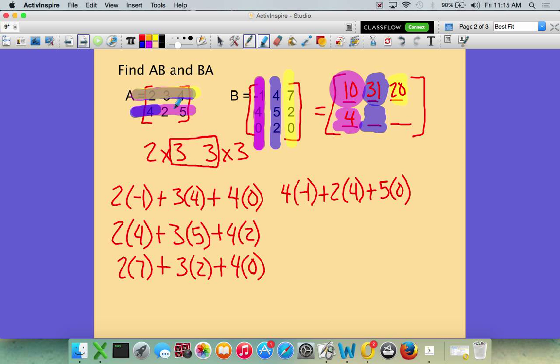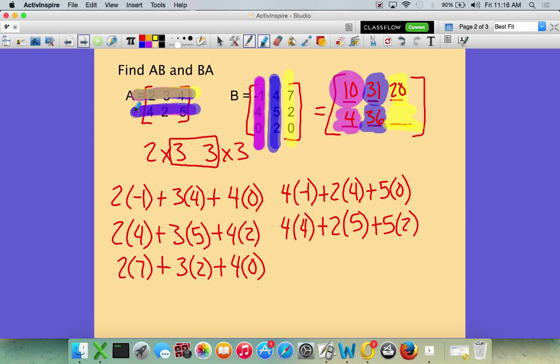Then we go to our next spot, which is row 2, column 2. So I'm going to take row 2 times column 2 here, and we go 4 times 4 plus 2 times 5 plus 5 times 2. 16 plus 10 plus 10 is 36. And then our last one is in our third spot here, row 2, column 3.